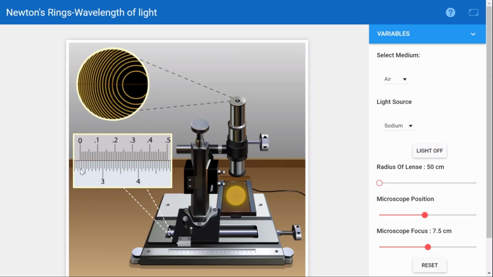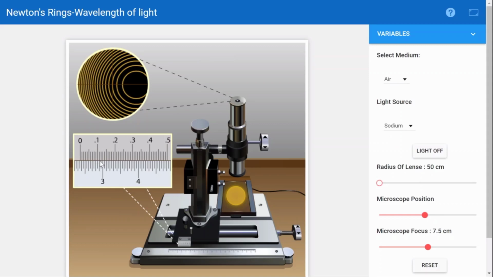But this 2.35 is not properly intersected with the 0 of the vernier scale. So again, the least count comes into the picture. Let us say I go for the proper intersection.